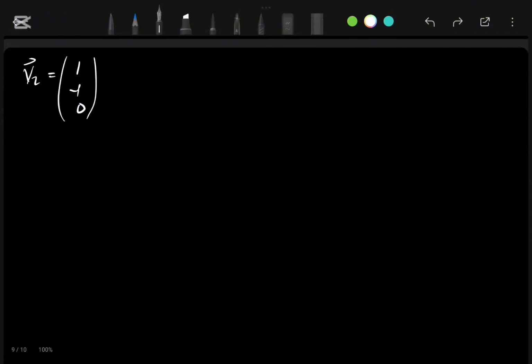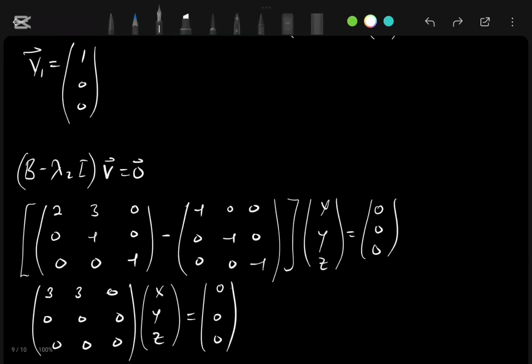To find v3, we square this expression. So we have (B minus lambda 2 I) all squared multiplied by v equal to 0.